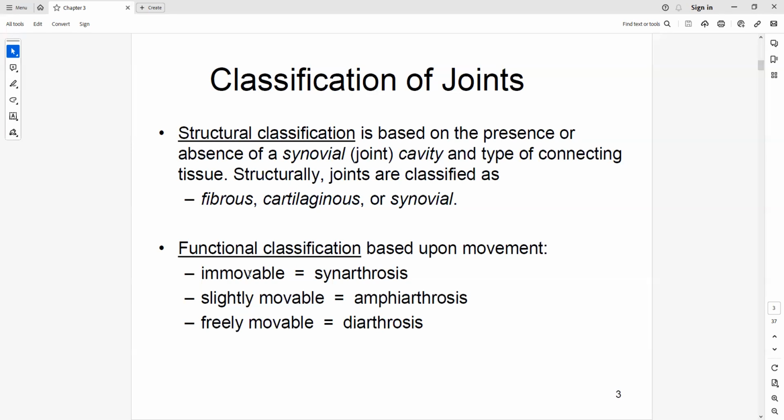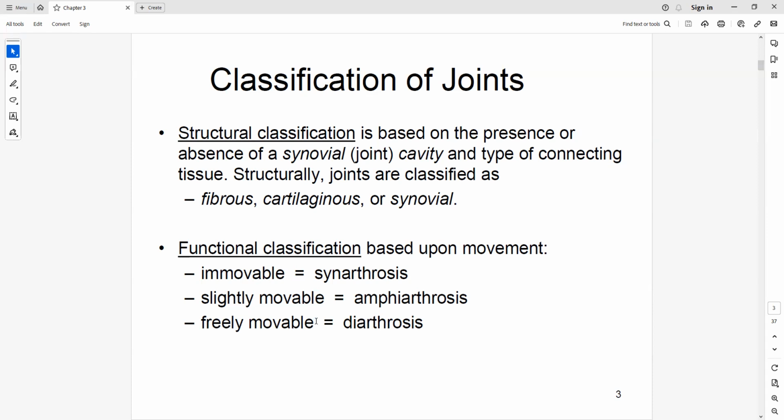On top of that, it's important to know that joints are also classified based on movement. This is not super intuitive, and as you'll see in a few examples, this is not 100% true, but nonetheless, anatomists gave designations such as immovable, slightly movable, or freely movable joints.